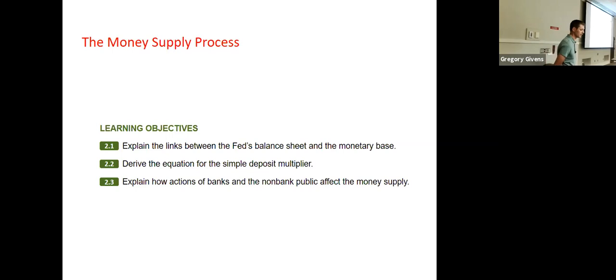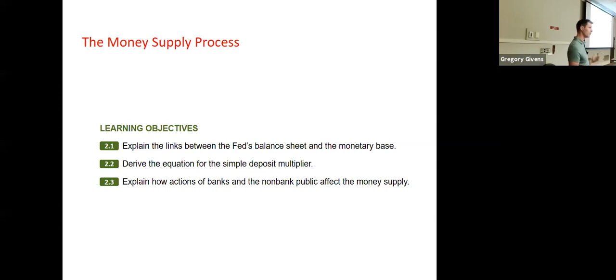Just to name a few, things like interest rates, inflation, GDP, other kind of broader measures of economic activity are influenced by what the money supply is in our economy. And so the money supply really has far-reaching effects on the overall economy.